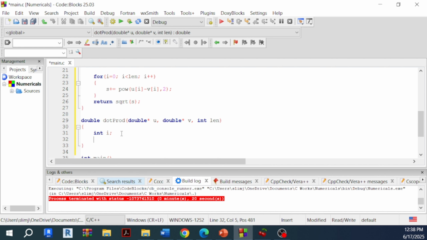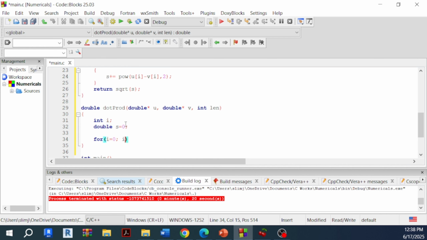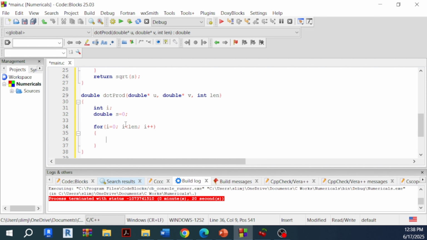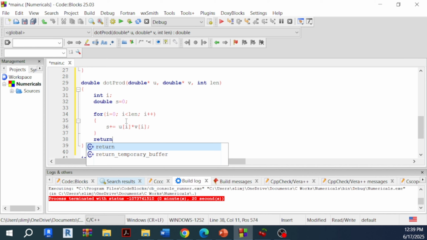Int i, double s equals 0 because there's a sum. For i equals 0, i less than len, i plus plus, s plus equal u[i] v[i]. Finally, return s.